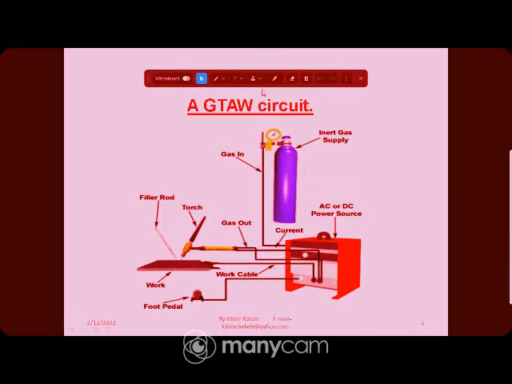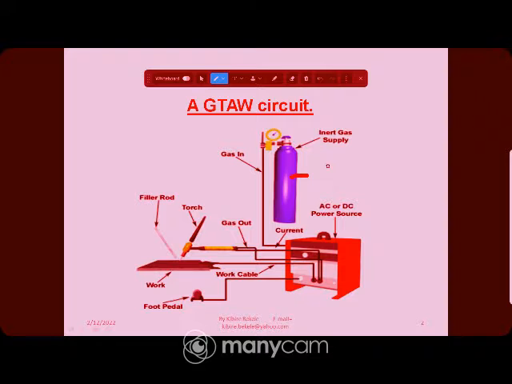and it shows all parts of gas tungsten arc welding. As you see, this is the external shielding gas. It shows the gas tank, and this is an inert gas. The gas used for gas tungsten arc welding is argon or helium, and also an argon-helium mixture.